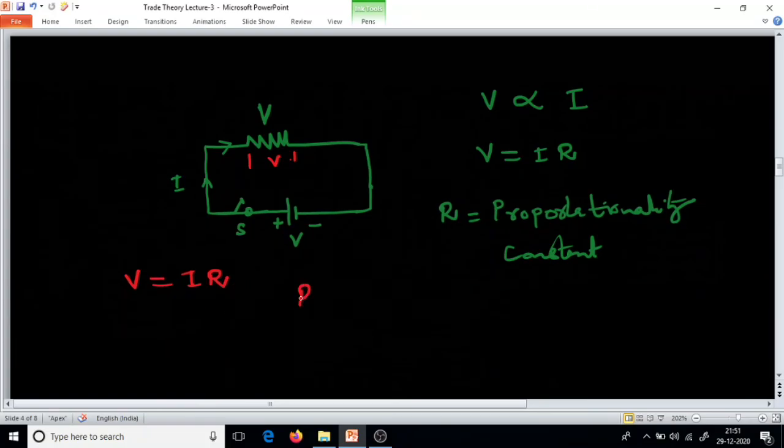If you want R, R equals V by I. If we need I, I equals V by R. So we get these three equations from Ohm's law. I think this is one of the basic and fundamental laws of electronics. You should know this, because in many places, to solve complicated problems also, we need the help of Ohm's law.